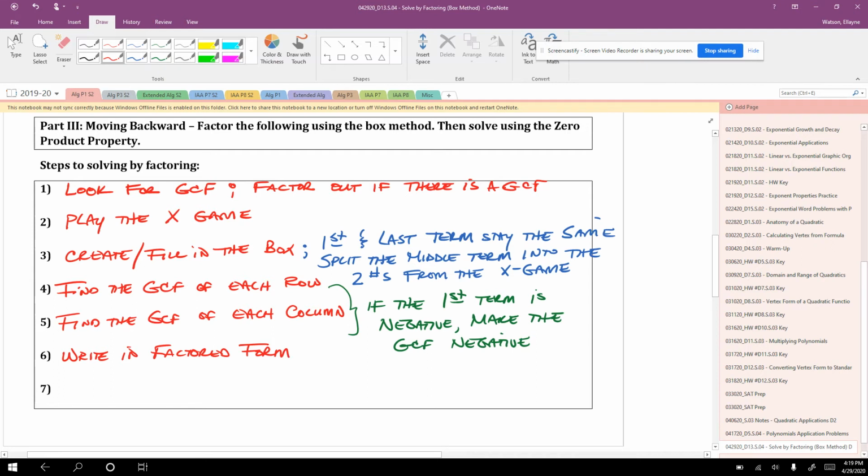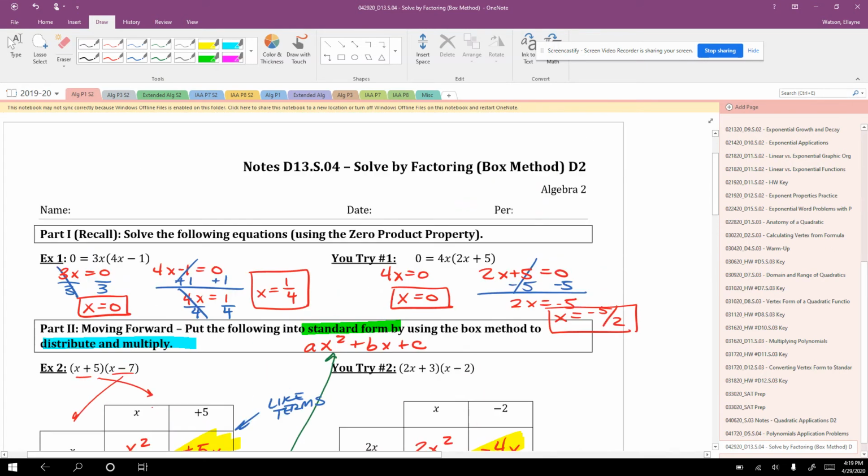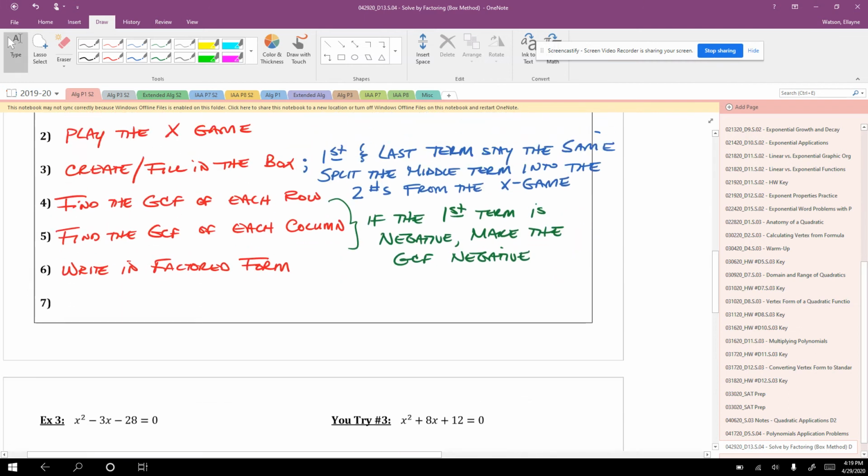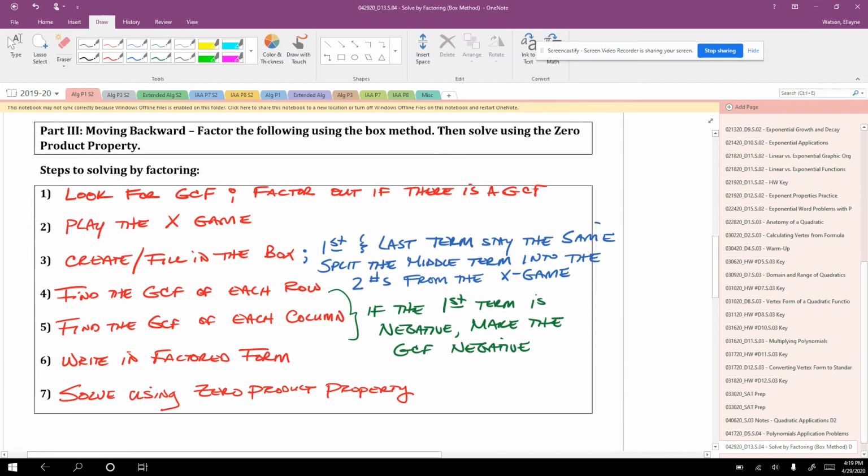All right, and then once you have the factor form, what ends up happening, guys, is you have something like what's in example 1, okay, where now you can solve by using the zero product property.